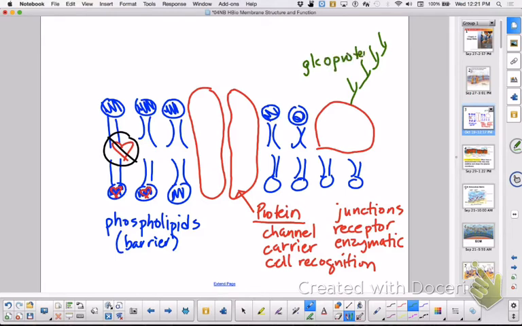Glycoprotein. Okay. Or it could be attached to a lipid and be a what? Glycolipid. Okay. And that can help with cell recognition, right? Part of the glycocalyx. We talked about MHCs. Good.